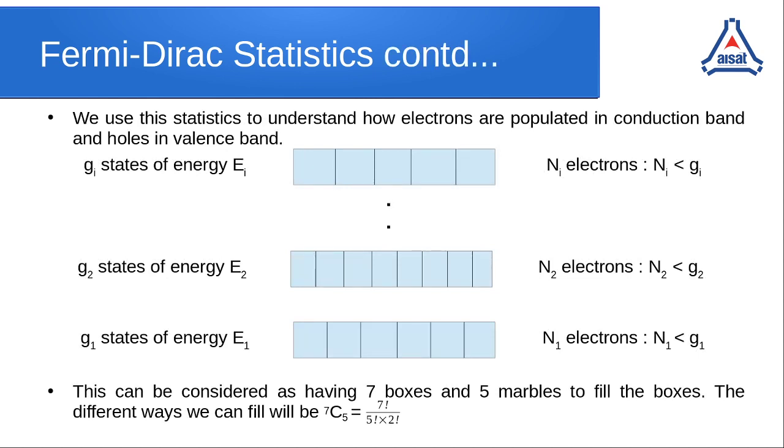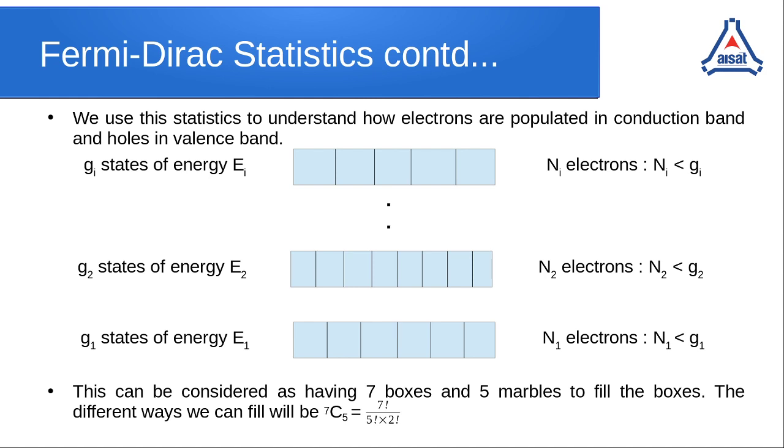To know more about this statistics, or to know the number of electrons in conduction band or number of holes in valence band, we can make use of this Fermi-Dirac statistics. Now consider the figure from bottom to the top.